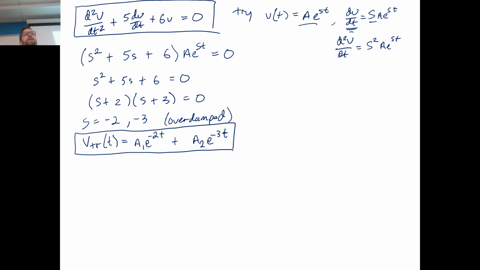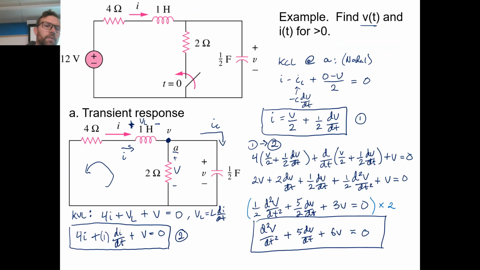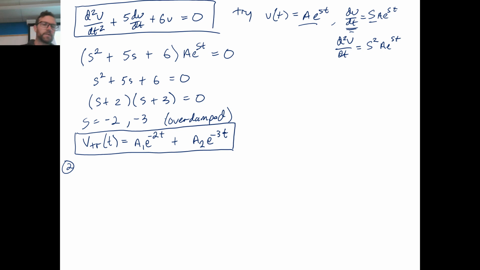Now we do need to find A1 and A2, and we'll get there in a second on the next page. Before we go there, I should have written that this is sort of step 1, finding the transient response. Now we're going to do step 2 and find the steady state response.